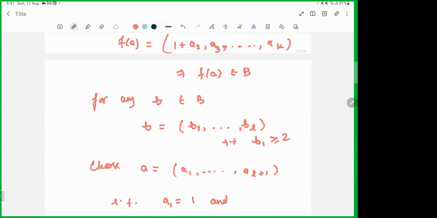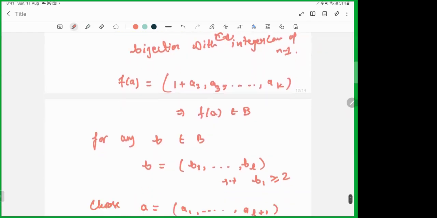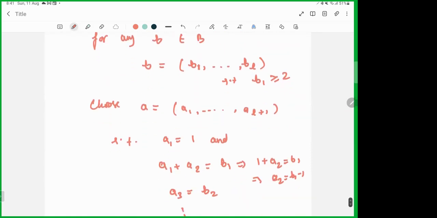So what about the largest number? Because this b1 is greater than or equal to 2, a2 is non-zero. It should be greater than or equal to 1. So there is no problem.